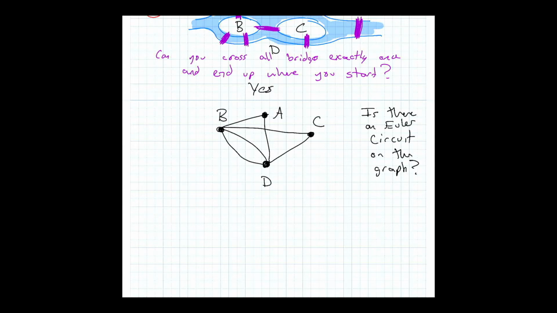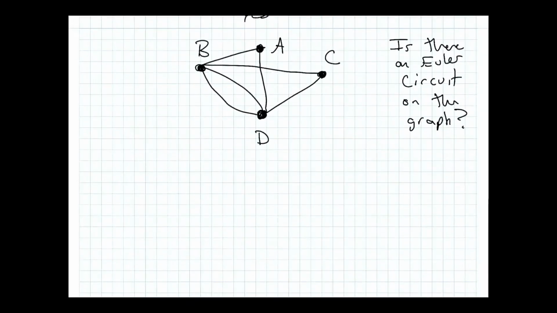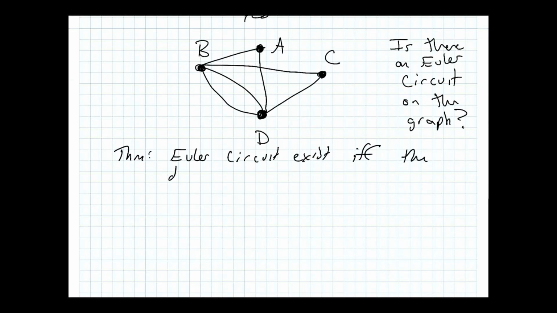Okay. And we already drew it, so yes. But the answer comes from a theorem. The theorem says an Euler circuit exists if and only if the degree of every vertex is even.